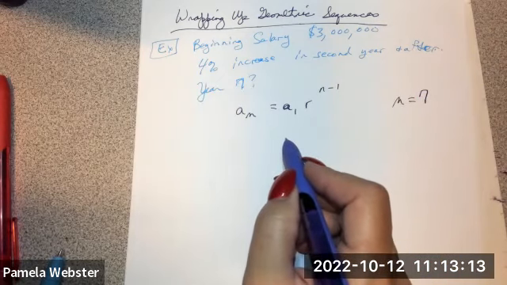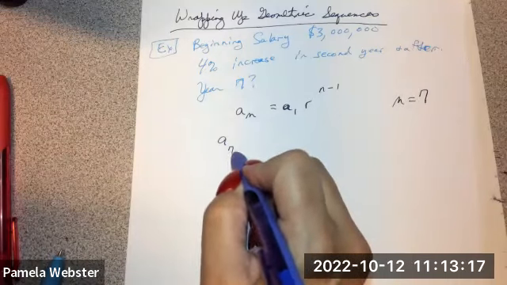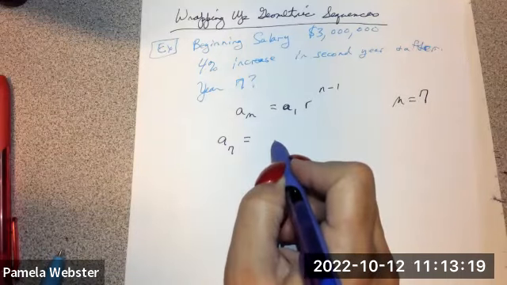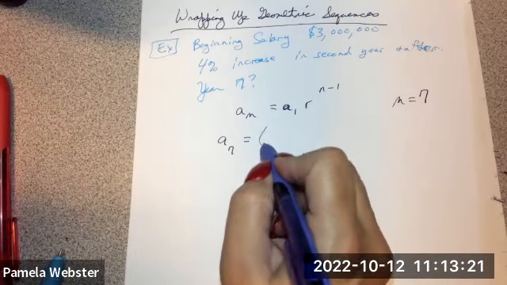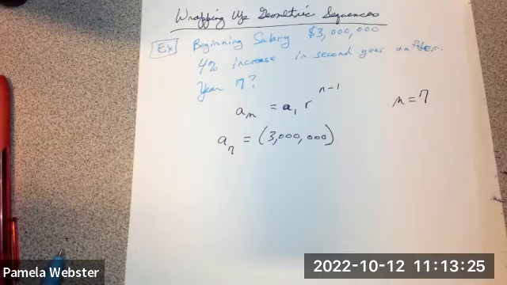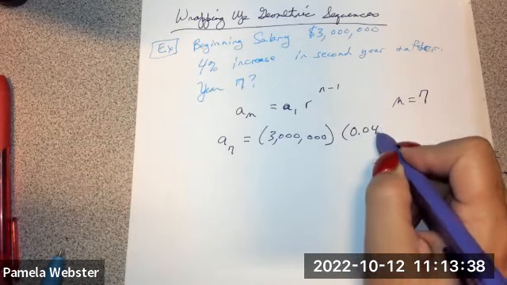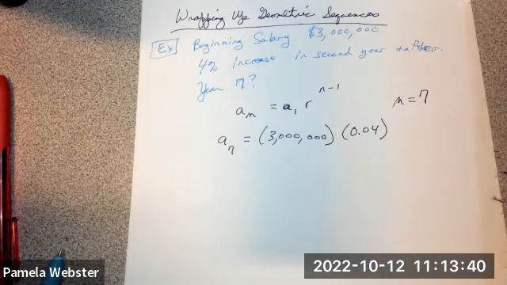What was that? $3 million, so I'm going to stick that in. And what's the rate we're multiplying by? 0.04, because it's 4%, and raise it to the n minus 1.